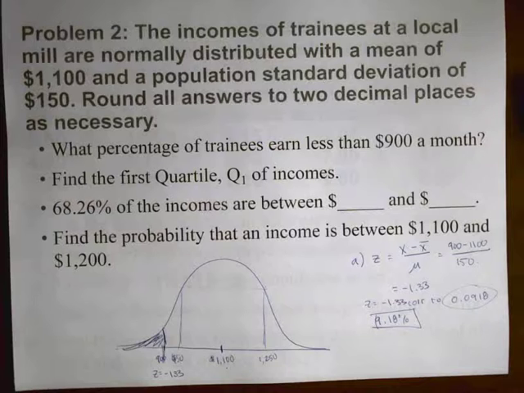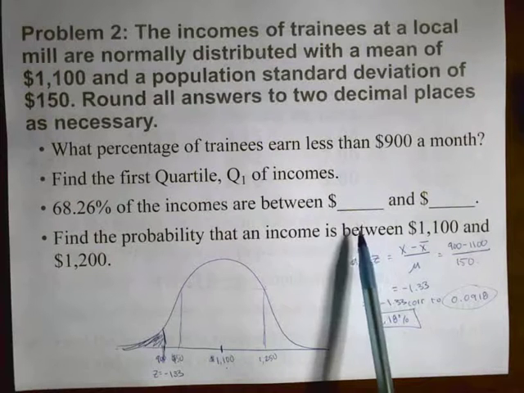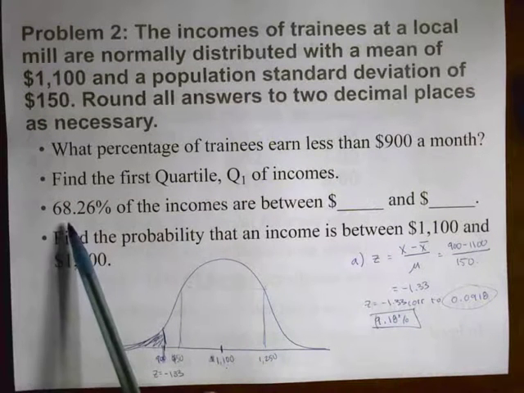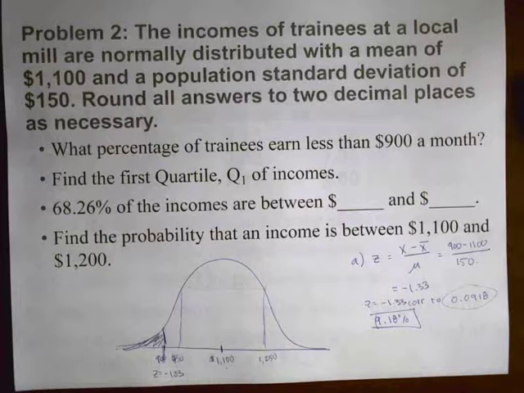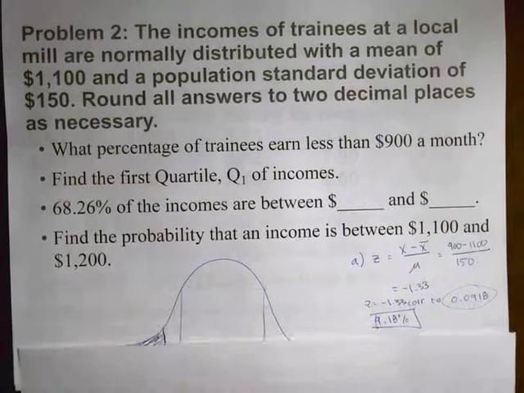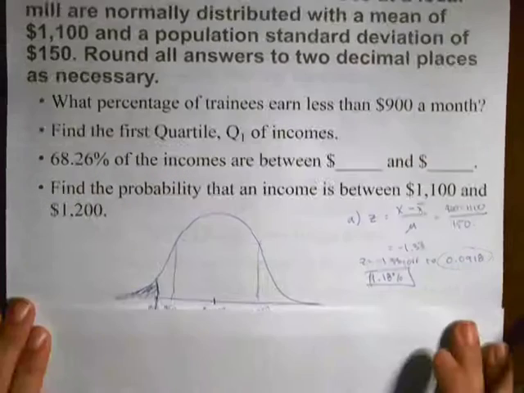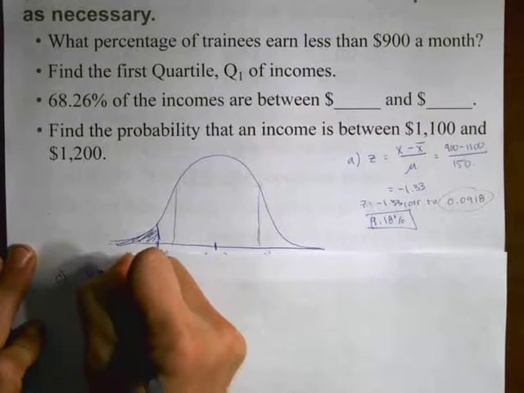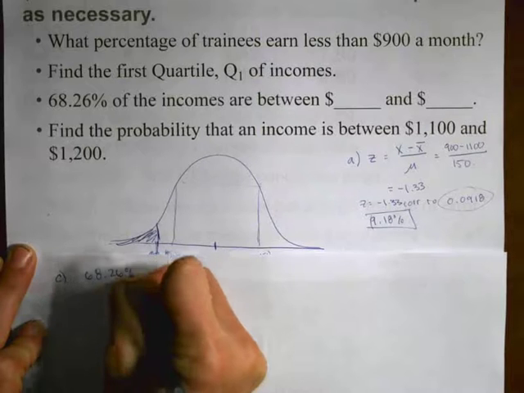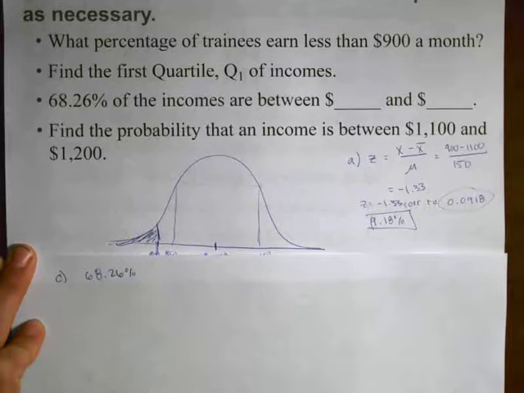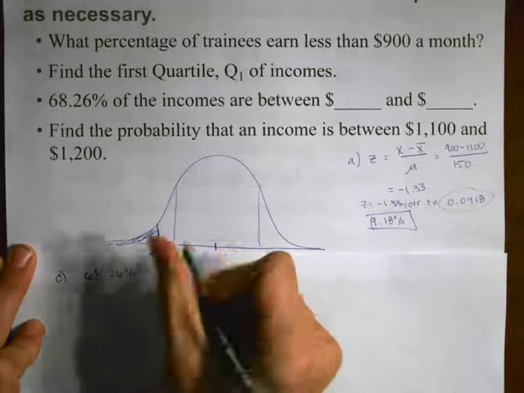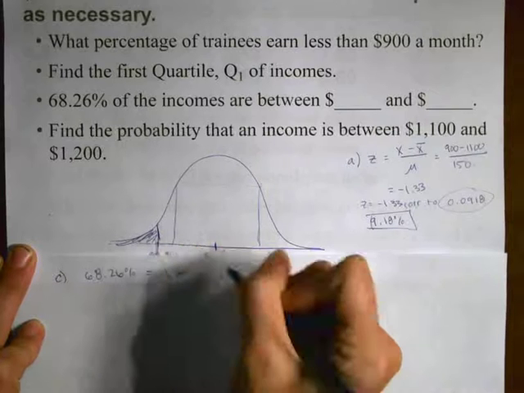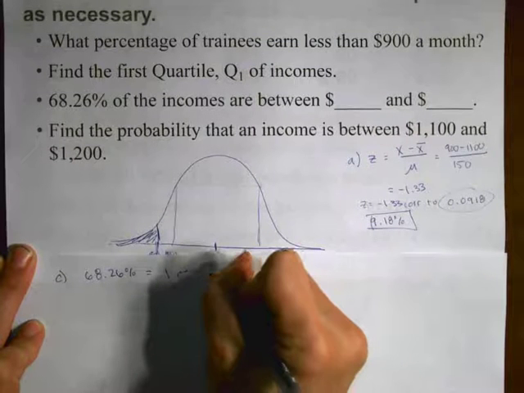That's what's coming up in the third problem. Something like this could occur on the second problem if the number was 68.26, because that's a number you might recognize from the empirical rule: one standard deviation away from the mean.